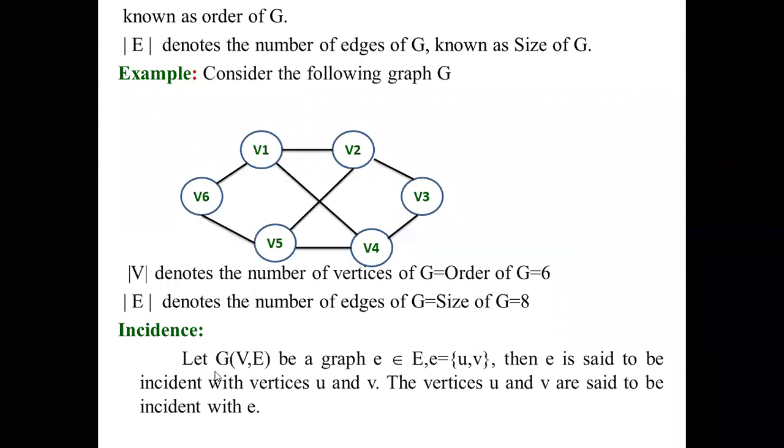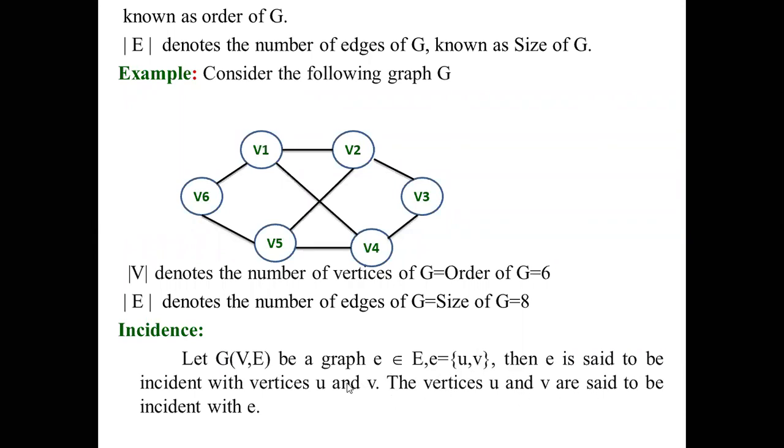Next, incidence. Let G be a graph with vertices V and edges E. Let e belong to E, where e is equal to (u, v). So e belongs to the edge set and e is between the vertices u and v. Then e is said to be incident with vertices u and v.